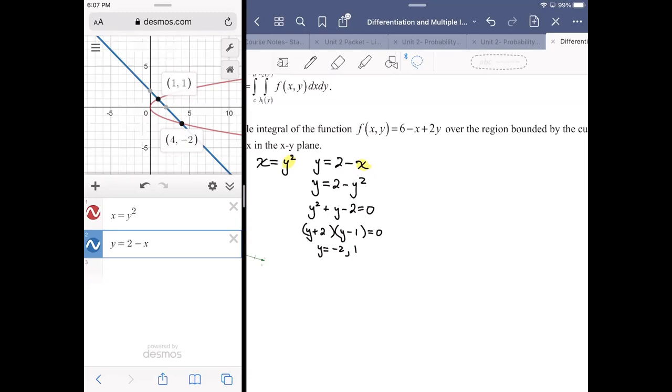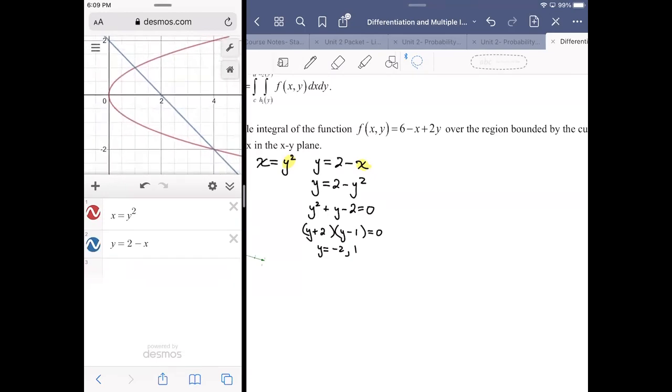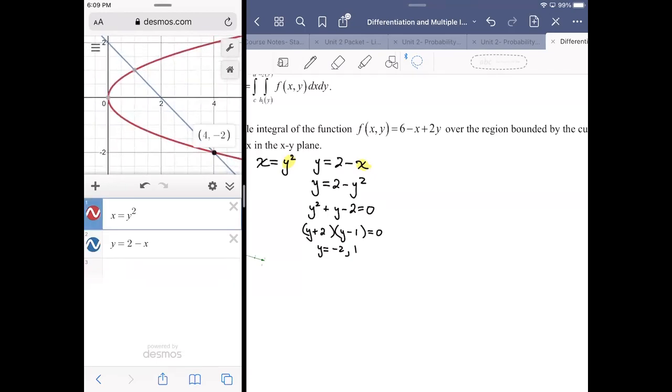Now, as far as the integral is concerned, it's not a rectangular based region, so we have to be careful about this. What I'm going to do is bring this in and snip it, the iOS version of snipping.